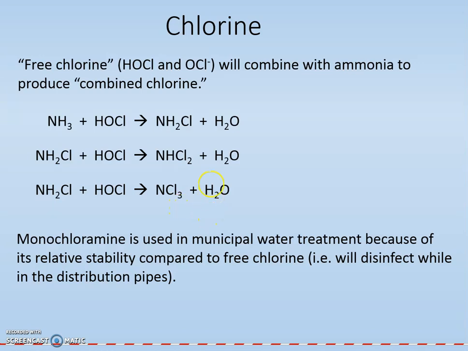But monochloramine being introduced intentionally, this will stay in the lines for a longer period of time. And now while its oxidizing strength isn't as great as the free chlorine, it still will oxidize and still will sanitize, but it just kind of lasts longer. So it's kind of neat because this isn't just pool chemistry, it's water chemistry, and it's used everywhere.